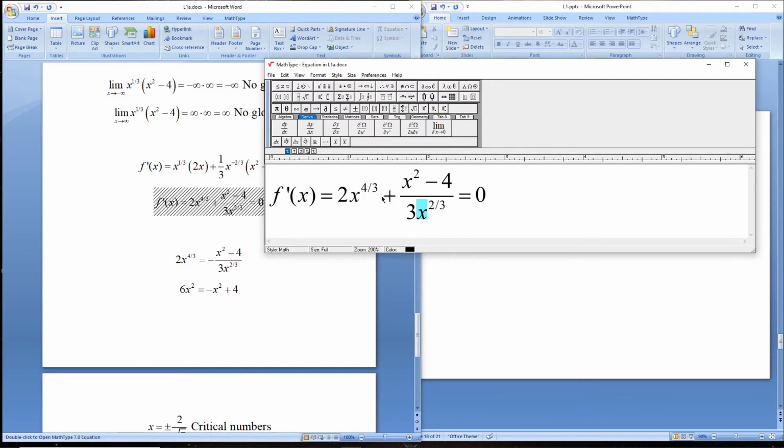Now, further notice that these roots are cubed, and there's no issue with odd roots. In other words, there's no square root of a negative number here, because these are odd roots, and odd roots have no problem with negative numbers. So our only failure here is when x is 0.